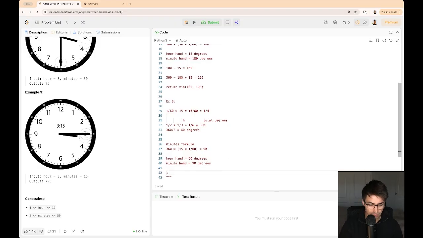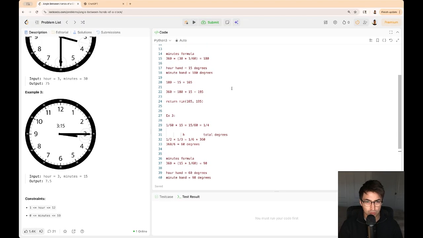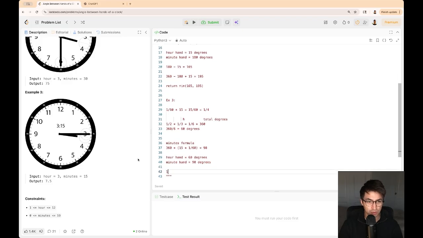And then we did 180 minus 15. Okay, the distance between those two is 30 degrees. They're returning 7.5 degrees. So somewhere we messed up.